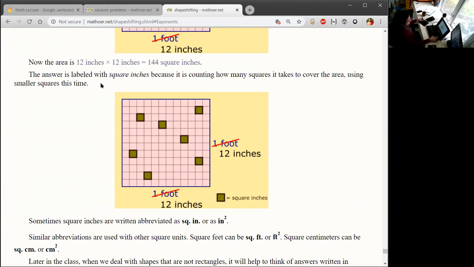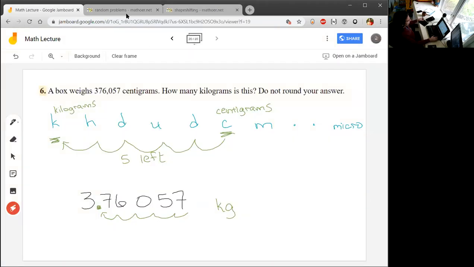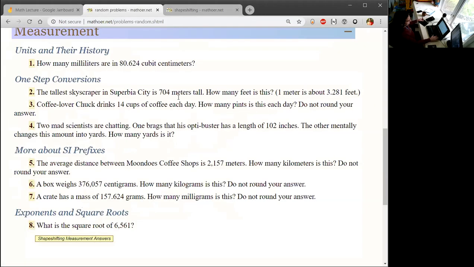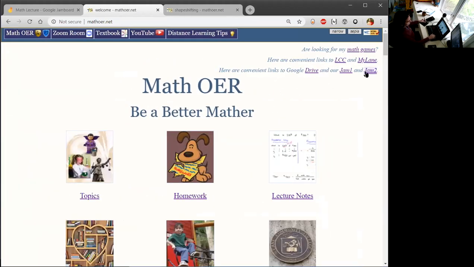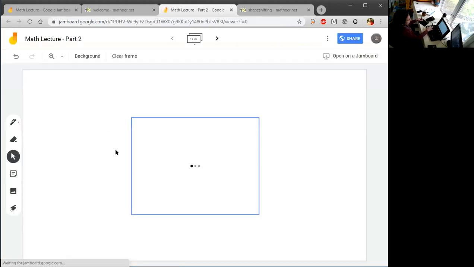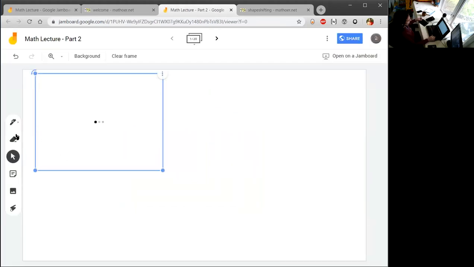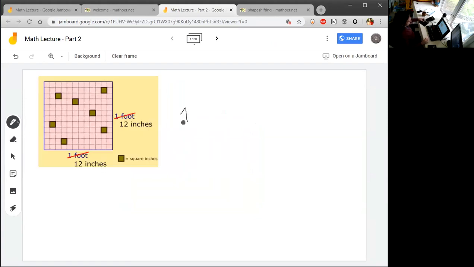So let me put this in our notes. We are now on our second Jamboard. So 1 square foot equals 144 square inches.